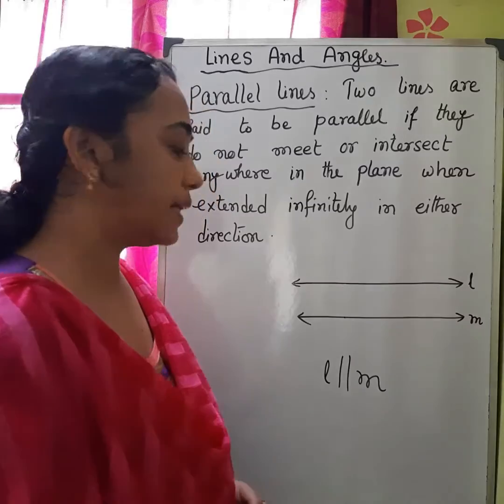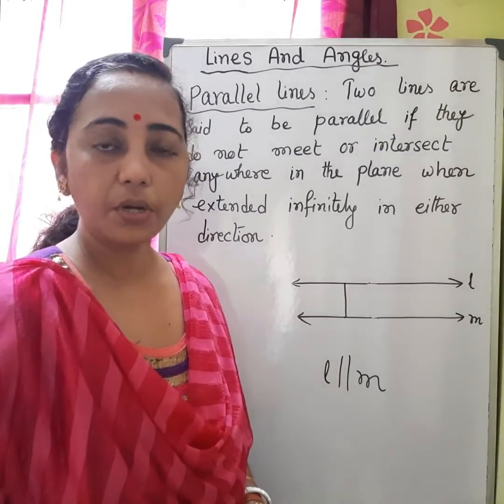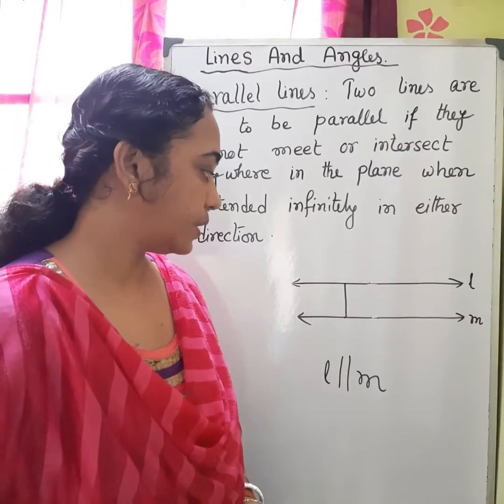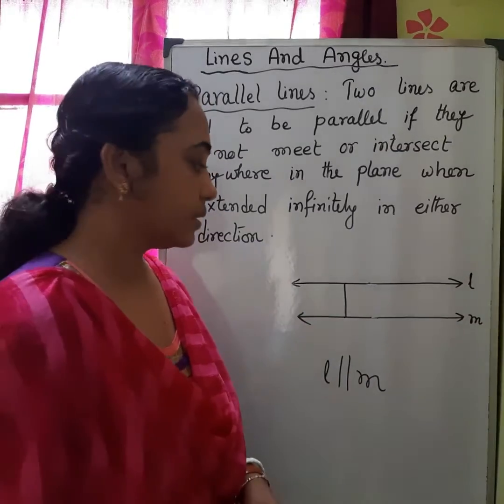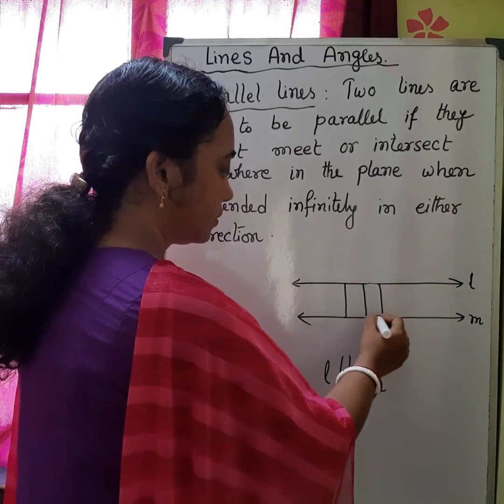So that type of lines are called parallel. Also if we draw perpendicular lines between these two straight lines, then those perpendiculars will always be equal in length.